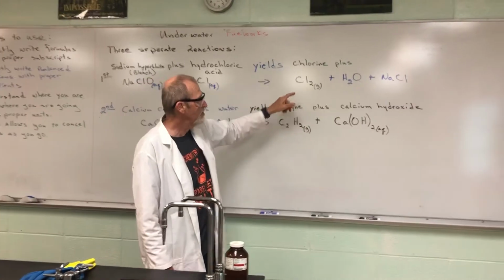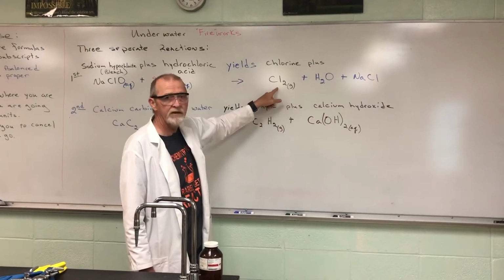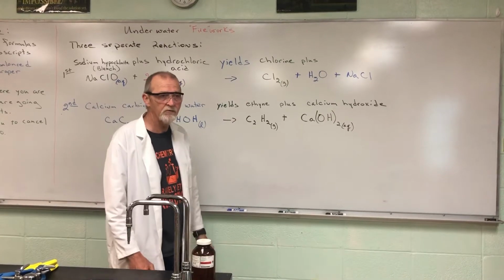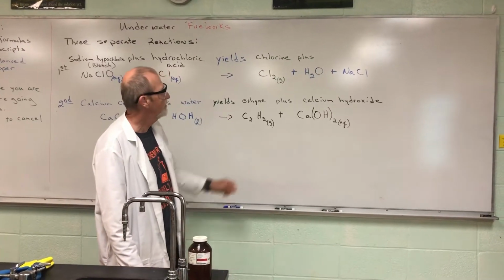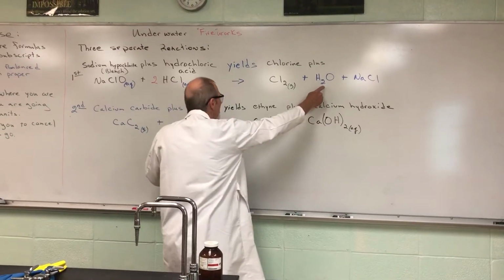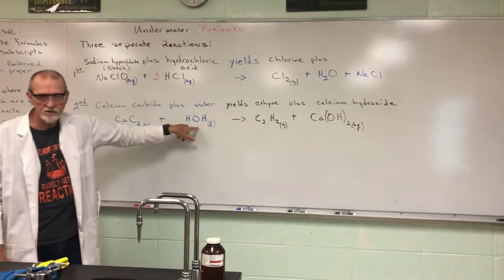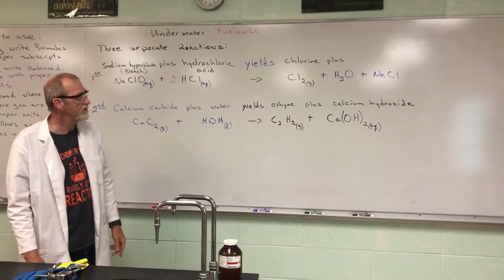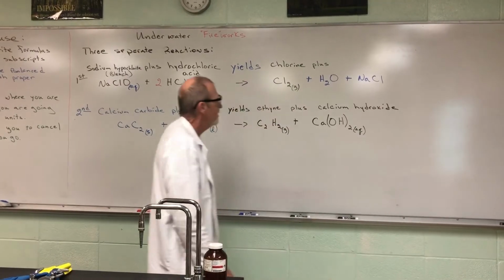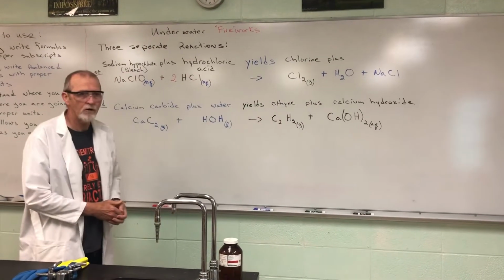Of course, also in our study we learned that chlorine is diatomic and it never occurs by itself. It's either bonded with itself or something else. Then of course water can be written both as H2O and as HOH. It's just a matter of preference. And then of course the other product in this reaction is sodium chloride.